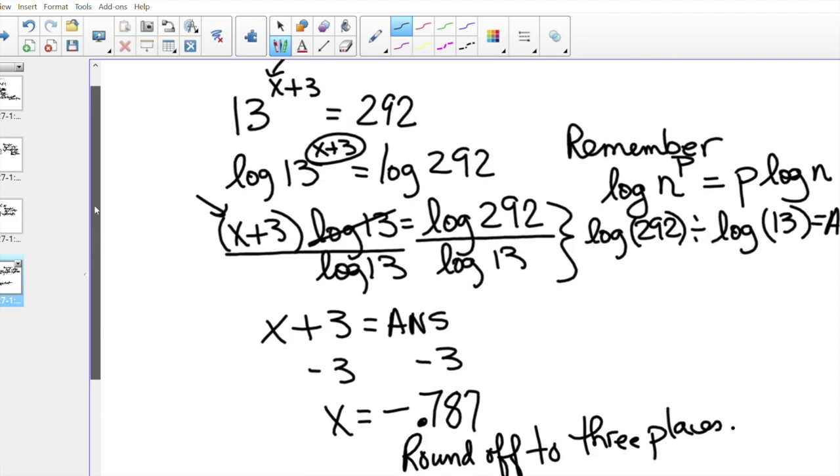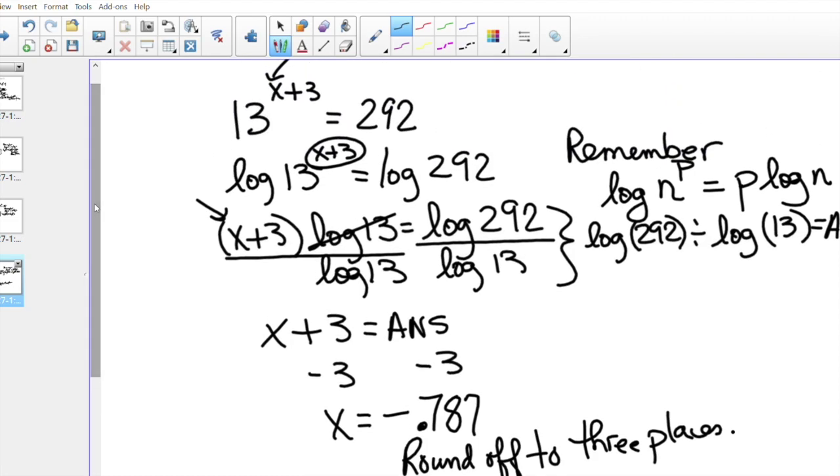That is how you would use logarithms to solve a problem where the variable is an exponent. If you remember correctly, we did that earlier.